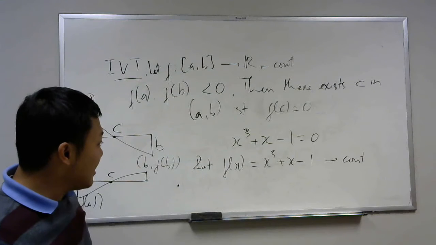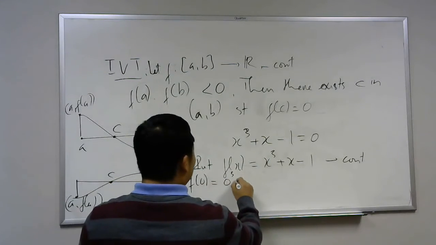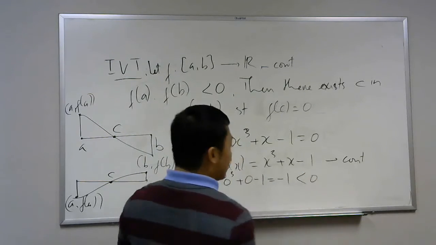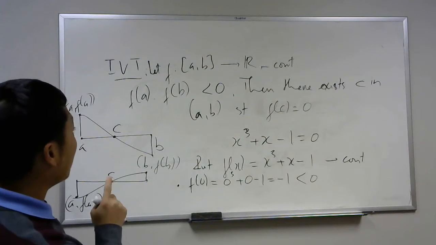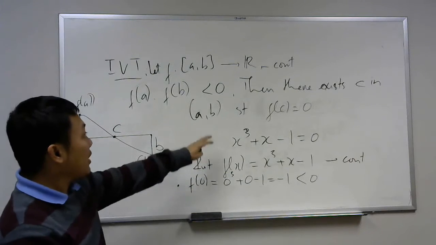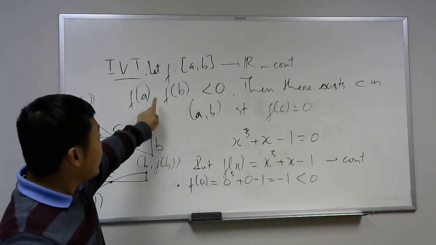That is the easiest point. So f of 0 is 0 cubed plus 0 minus 1, which is -1, less than 0. So if I find another point where the function value is bigger than 0, I can apply the IVT theorem.